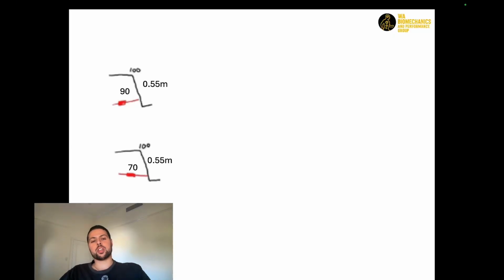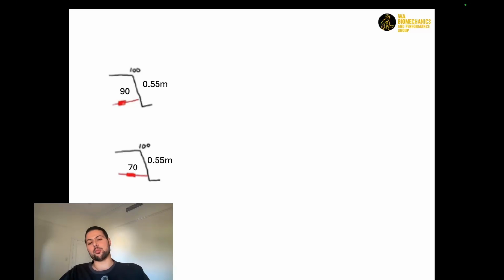And so this might represent the same person on two different occasions. In the top example, we have an inline setup, set up as you should set it up: 90 degrees, perpendicular to the line of pull. That's how you want to set it up.